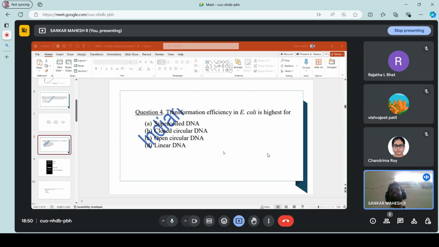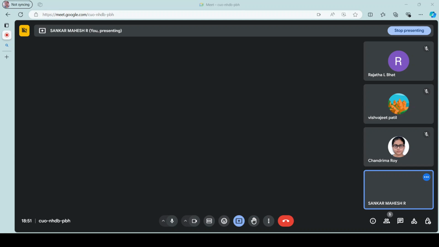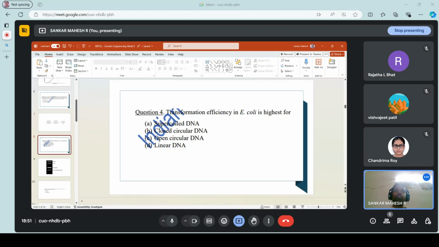That doesn't happen with linear DNA, because of which linear DNA cannot be replicated with ease. That is why it will be difficult for linear DNA to be replicated and maintained within the cell. So, independent of the compactness, the order in which you mentioned was right, but the logic here is this way. Linear DNA cannot replicate, because of which the transformation efficiency will be close to zero. Was that clear, Chandrima? Yes, sir.